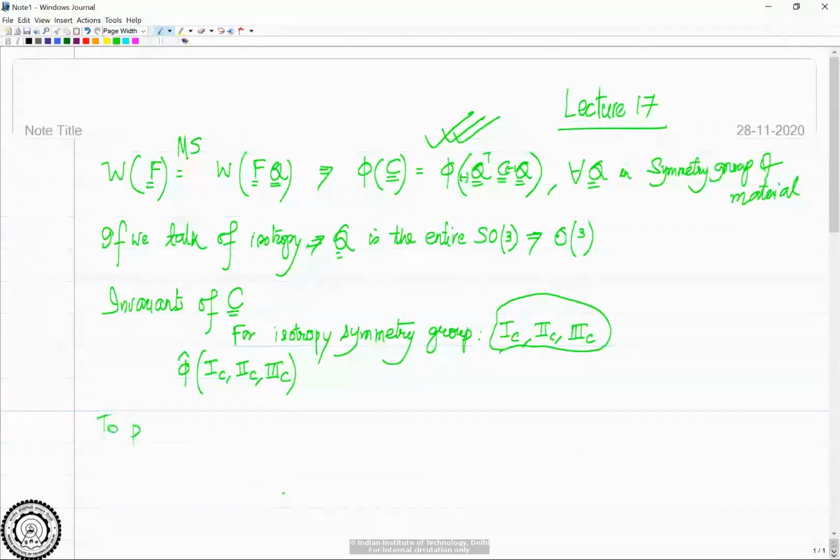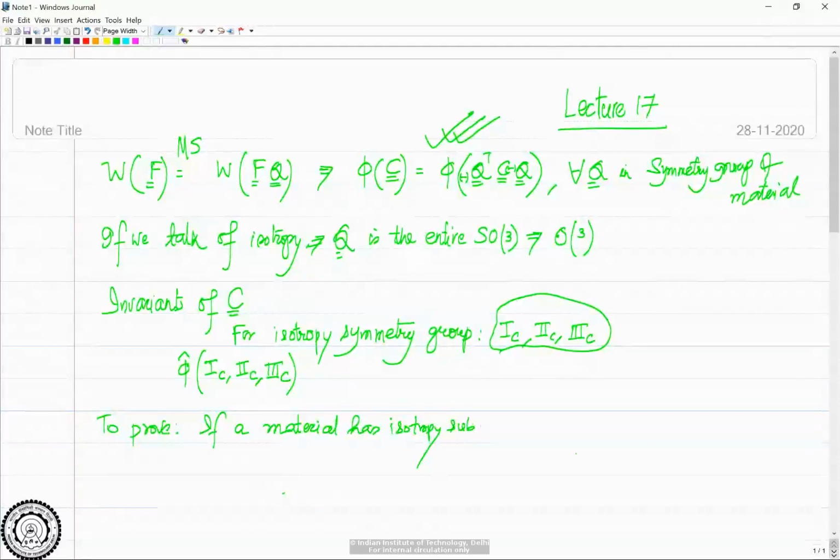To prove, if a material has isotropy symmetry group, in fact it is both ways.